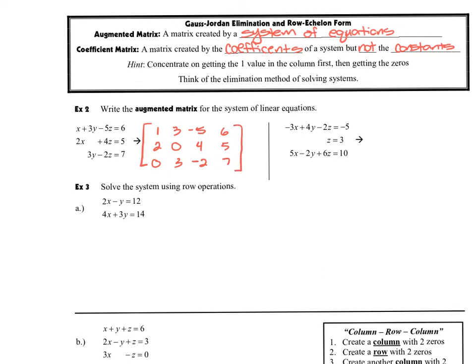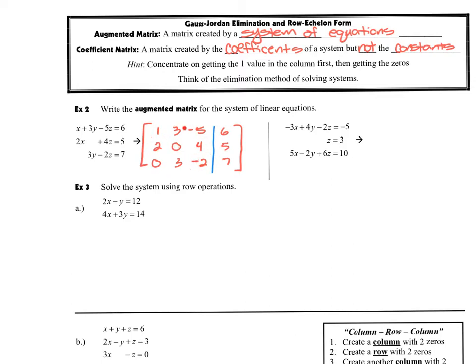Now, what a lot of people like, although I don't generally do it, and is technically part of it, is this nice vertical line where the equal sign would be. It separates the variables from the constants, and it helps visualize what we're trying to solve for. When we're solving, what we're going to be trying to do is create the multiplicative identity matrix, meaning we're trying to get some ones all the way down this side.